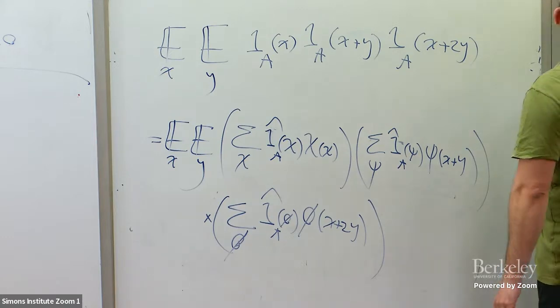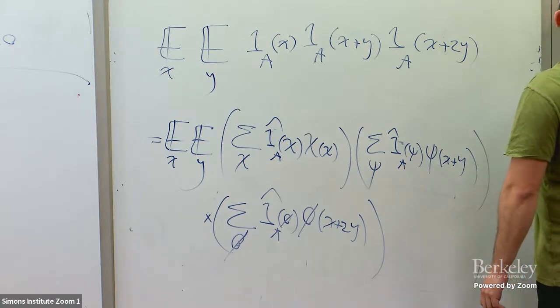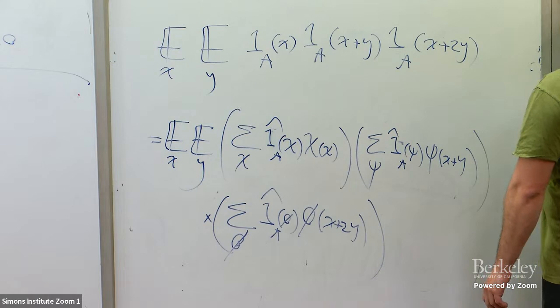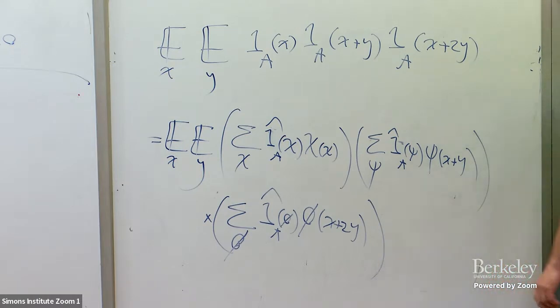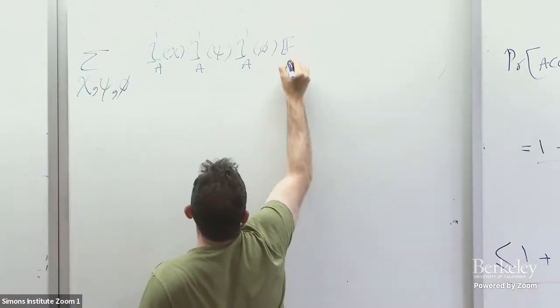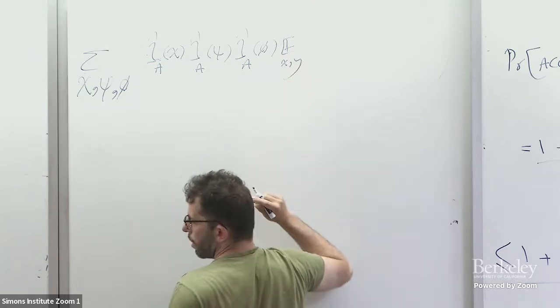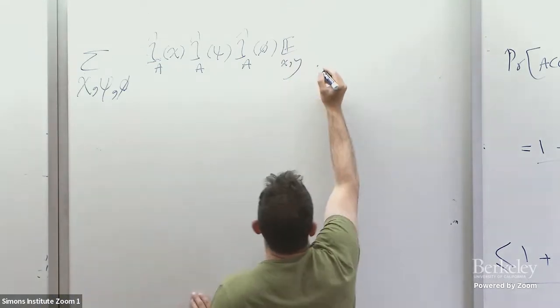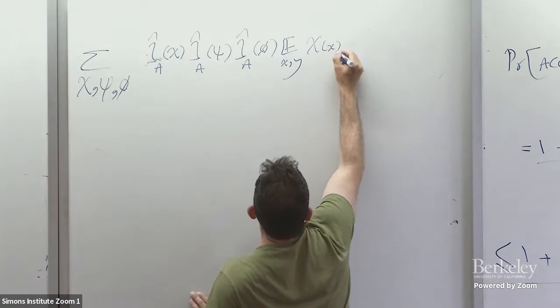So I'm going to get the sum over chi, psi, phi, and this is chi of x.